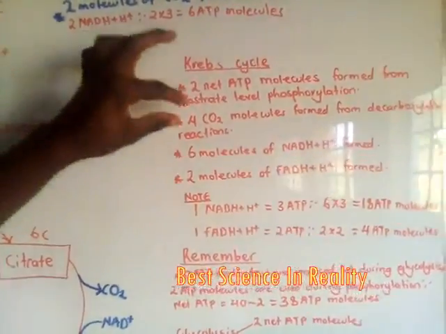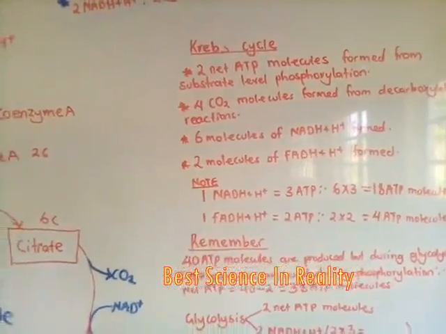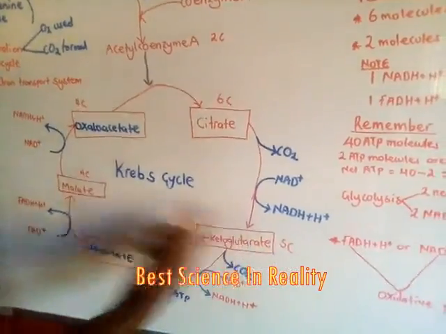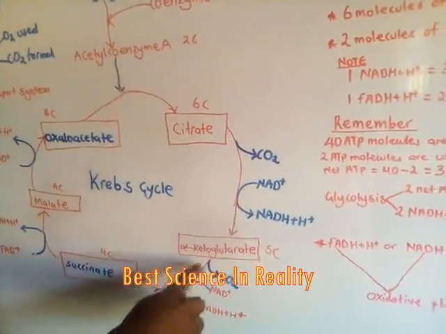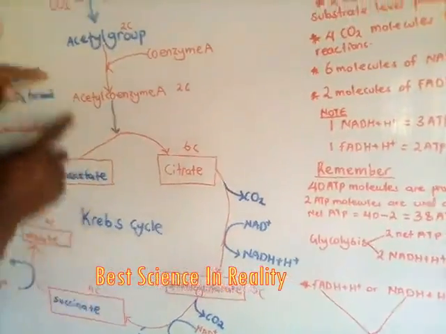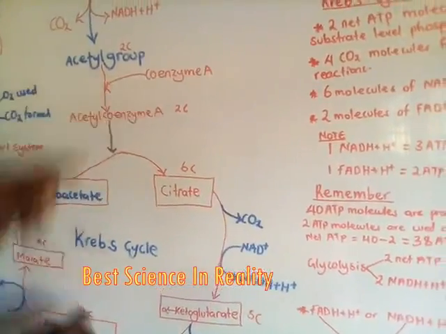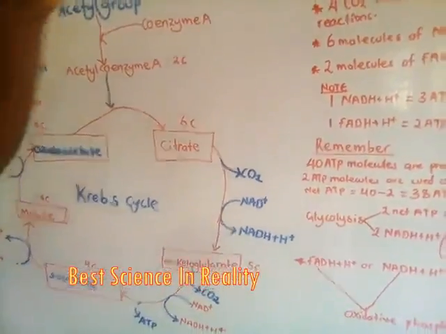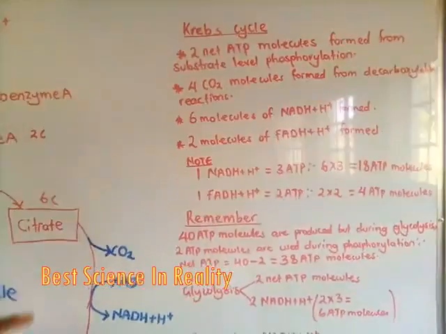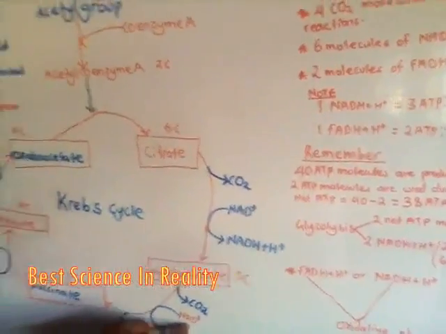Then we shall form 4 molecules of carbon dioxide, because we have the first decarboxylation from citrate to alpha-ketoglutarate, then another one from alpha-ketoglutarate to succinate. So since we are having 2 molecules of acetyl coenzyme A, it means we are forming 4 molecules of carbon dioxide. Then we form 6 molecules of reduced NAD. One is here, another one is here, another one is here.